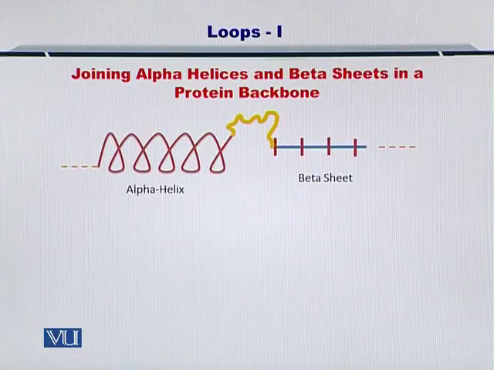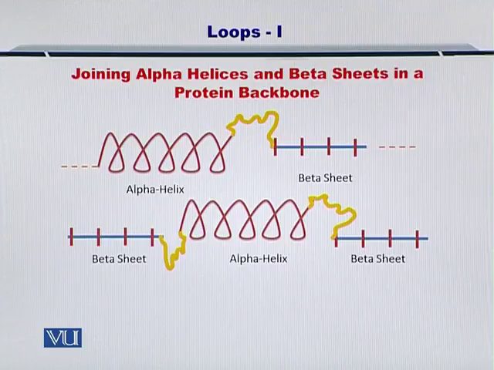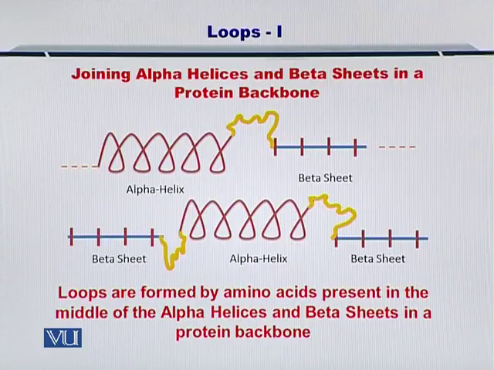Moreover, such an exercise can be repeated and you can have multiple loops connecting multiple alpha helices and beta sheets along the backbone of the protein. So the important thing to note here is that these loops are formed by amino acids present in the middle of alpha helices and beta sheets in the backbone of the protein.